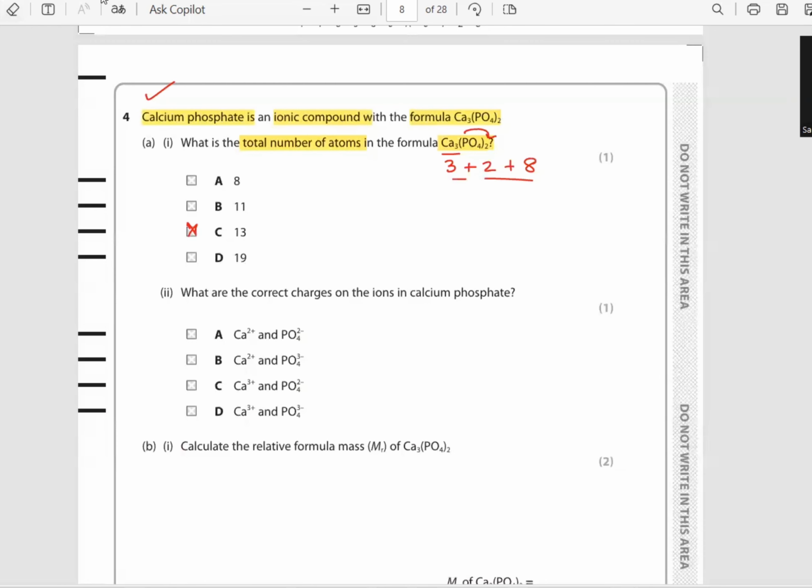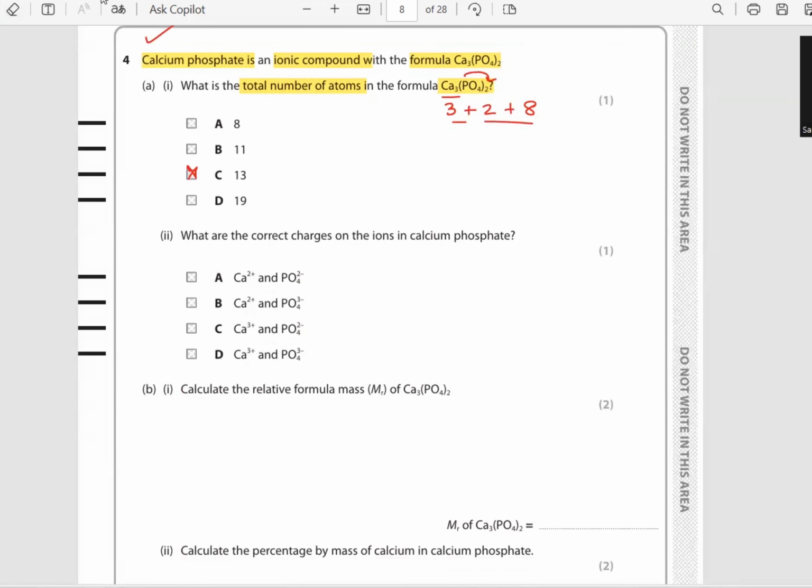Yep, correct answer. What are the correct charges on ions in calcium phosphate? Calcium is from group 2, of course, 2 positive. Phosphate is polyatomic ion, and you can even understand from the formula what is the charge of phosphate because charges are swapped, you know.